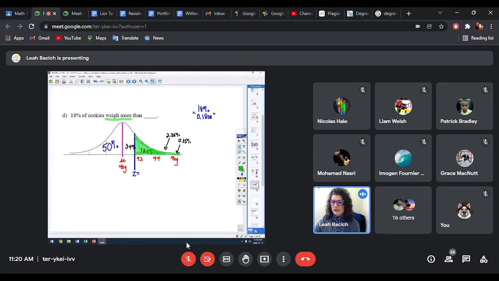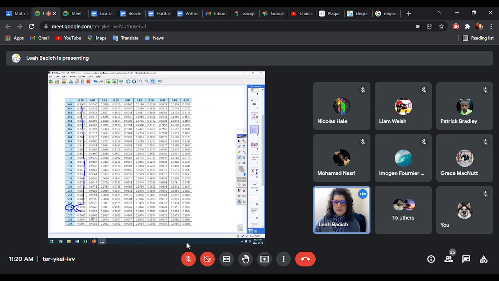Okay, so if I go to the table, I'm on the right side here, above the mean. So Z is positive. So 18%. Well, again, I don't really know where 18% is, because 18% isn't over here. These are all big percentages.